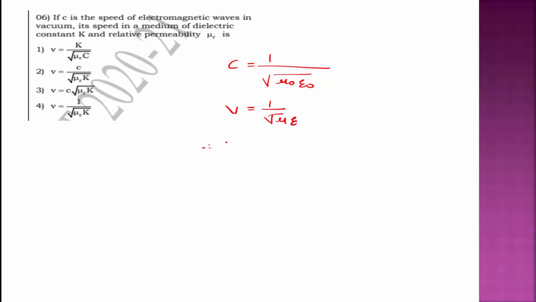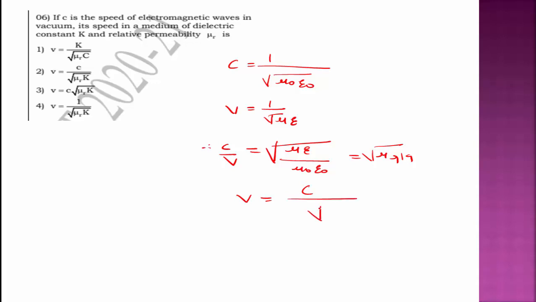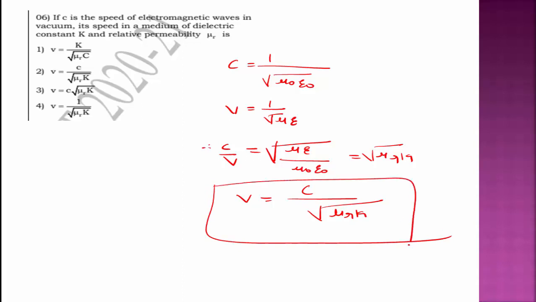Then the ratio of these two values is c divided by v is equal to root of mu into epsilon divided by mu naught into epsilon naught, where mu divided by mu naught is mu r, and epsilon divided by epsilon naught is k. Therefore v is equal to c divided by root of mu r into k. Then option 2 is the right answer.